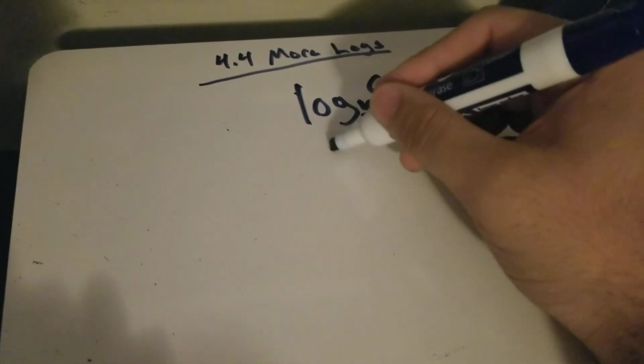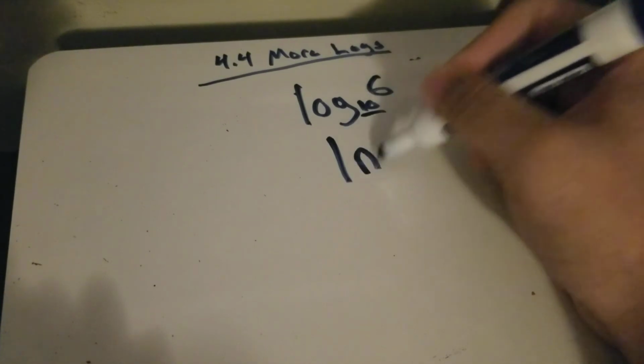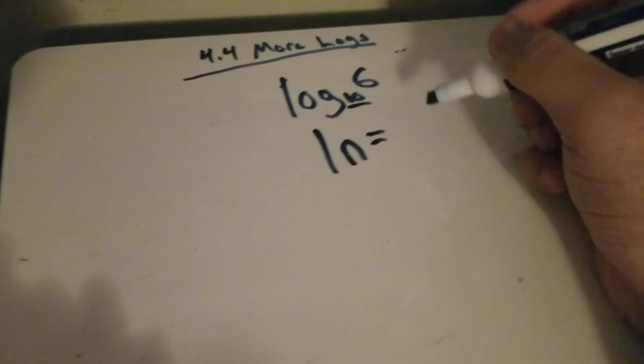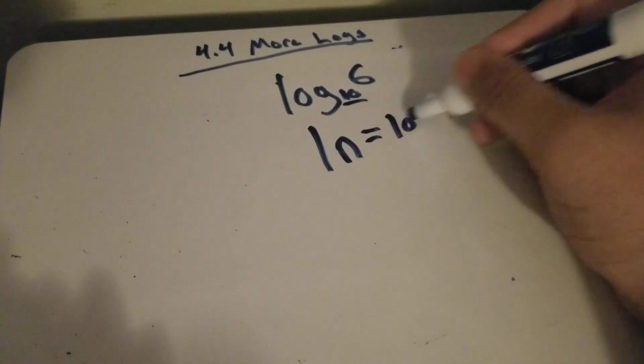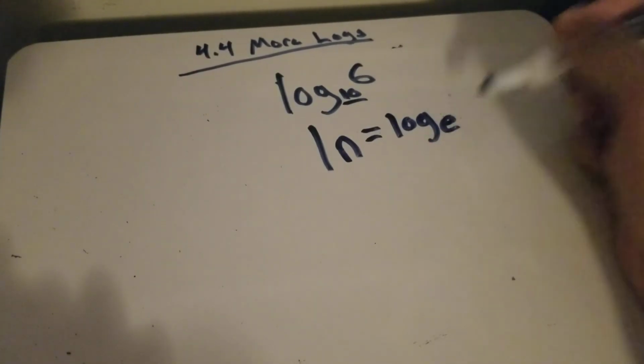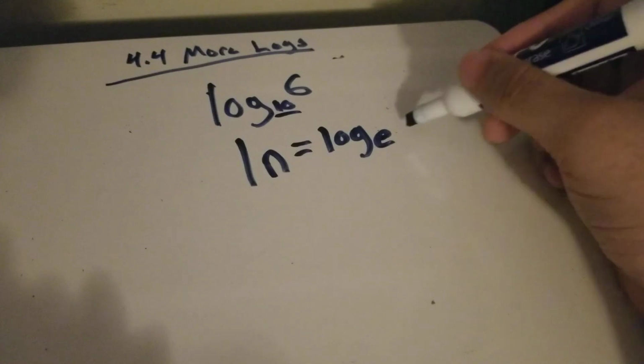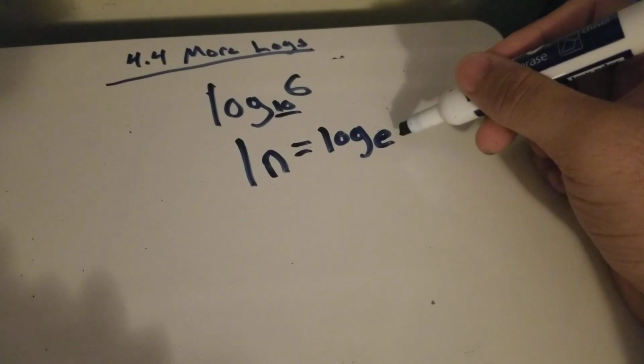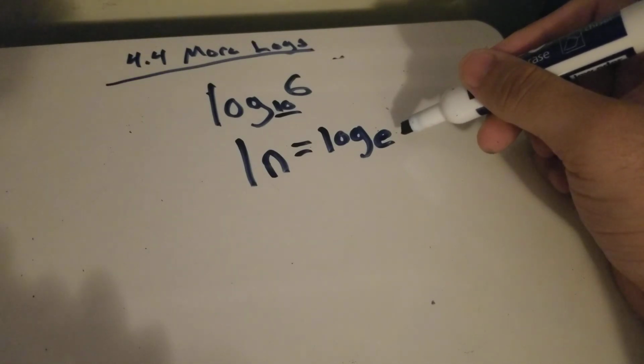Now we have another type of log. It's called ln. This is called a natural log. So ln is the same thing as log base e. That e should feel familiar. That e is something we did with graphing growth and decay. I think it was in section 3.6, the last chapter.